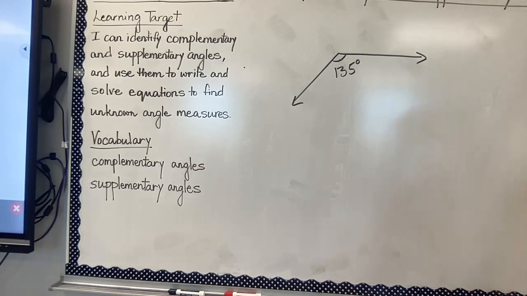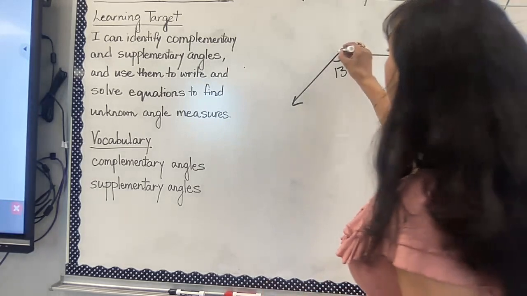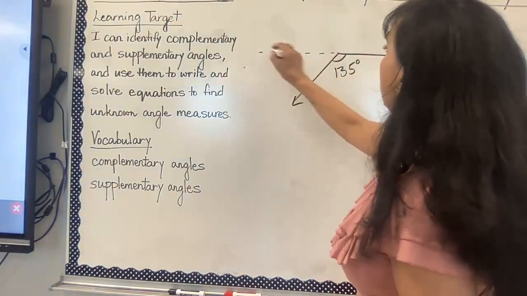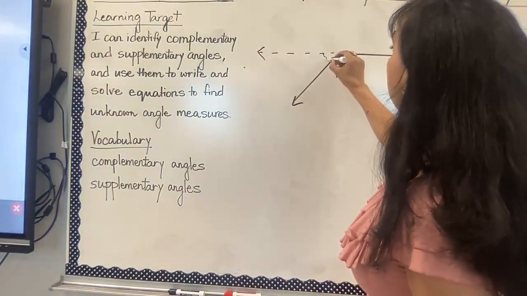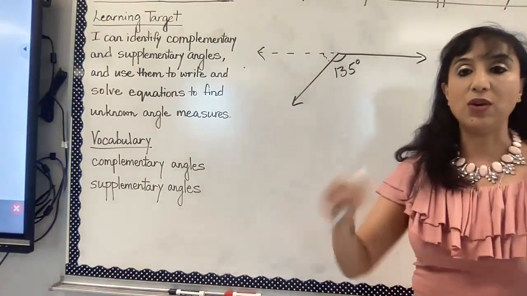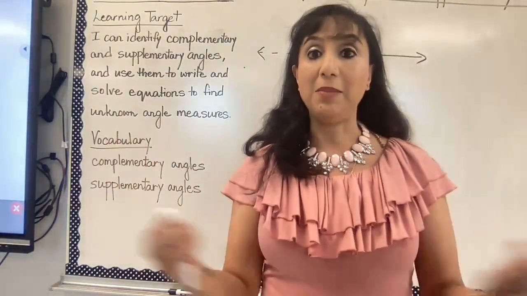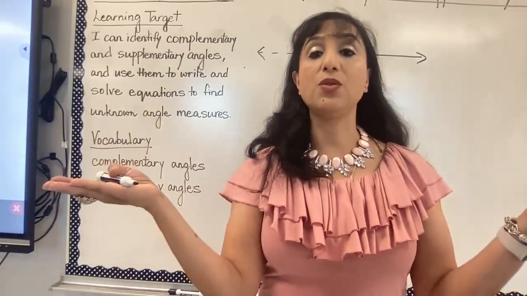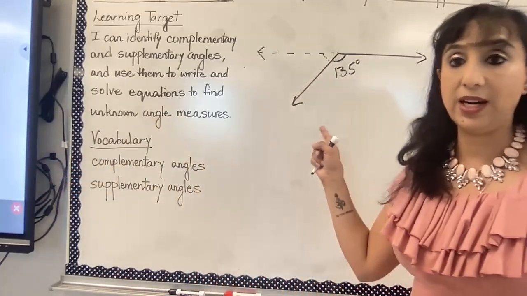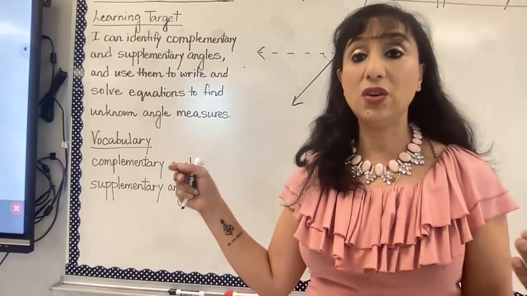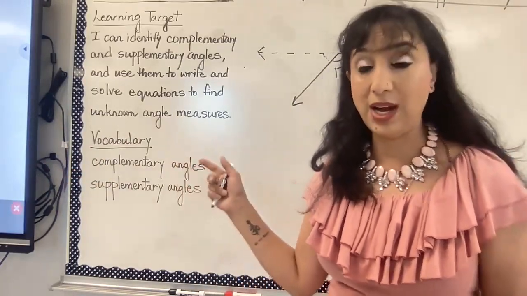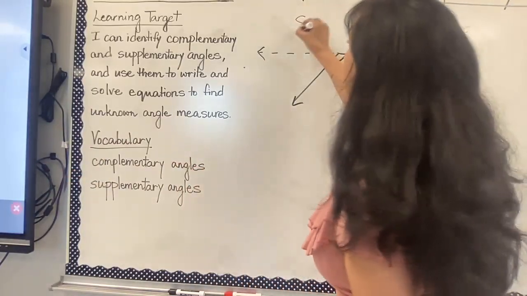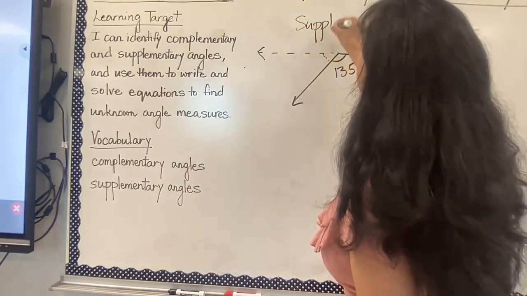So we know that for it to be supplementary, I'm just going to show you, it should be this. And what is that? A straight line. And that means it should be 180 degrees, the total amount of the two angles that are there. So the sum of the two angles should equal 180 degrees in a supplementary angle. So this is now supplementary.